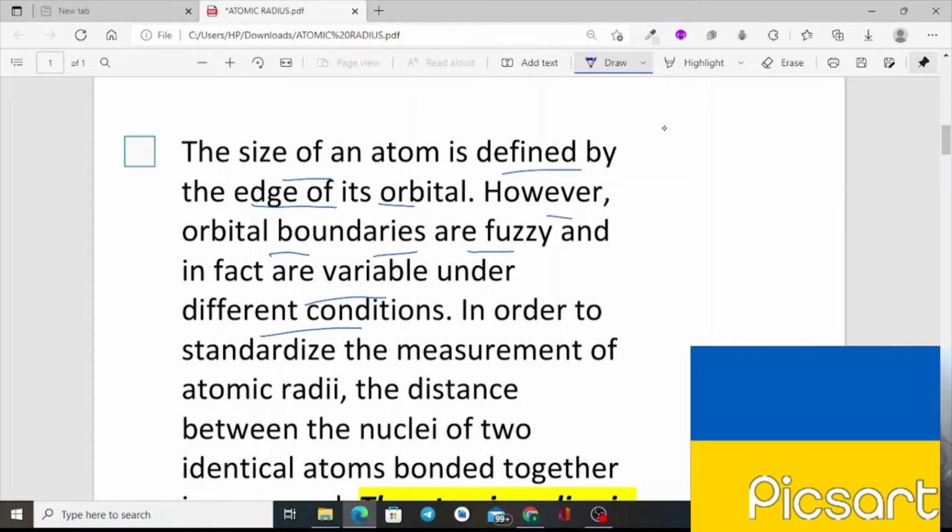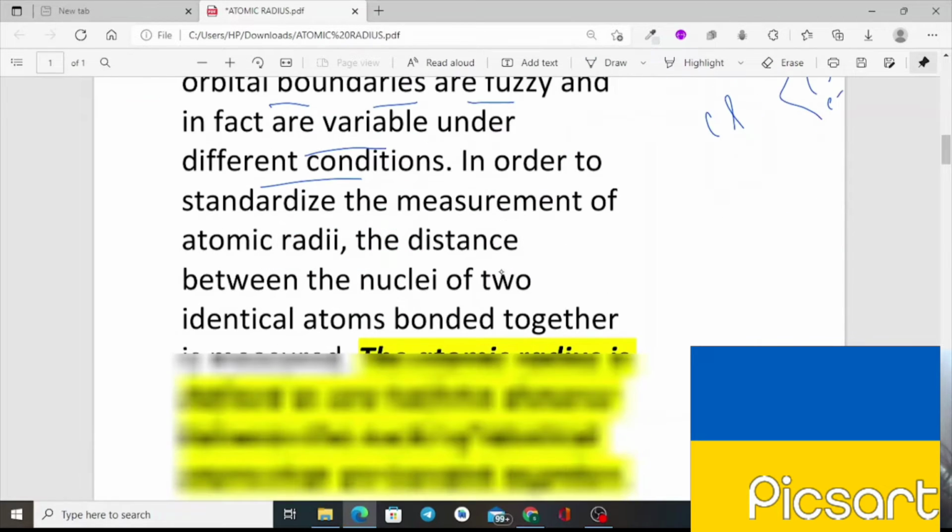If we have sodium and sodium cation, the sodium atom will have the greater size compared to the cation because we have removed one electron. But if we take chlorine and chloride, Cl minus will have the larger size because we have added one more electron, so its boundary will automatically increase. That's why we always find the atomic radius in the bonded state, okay.